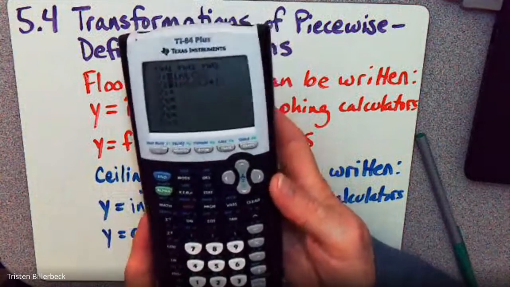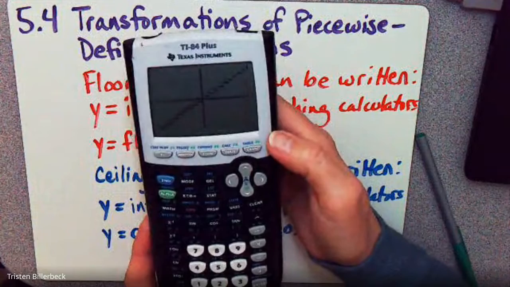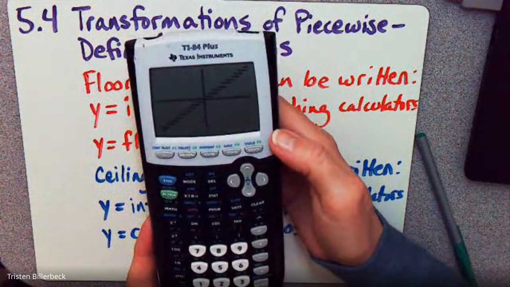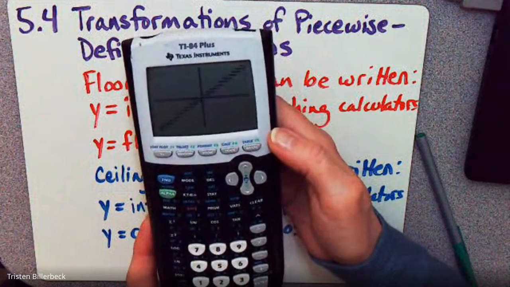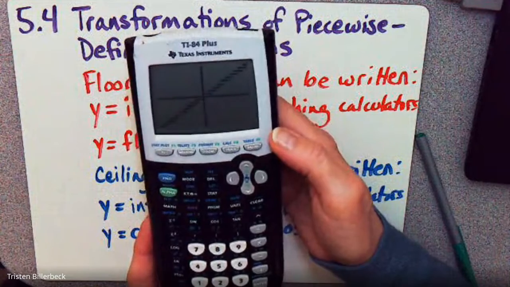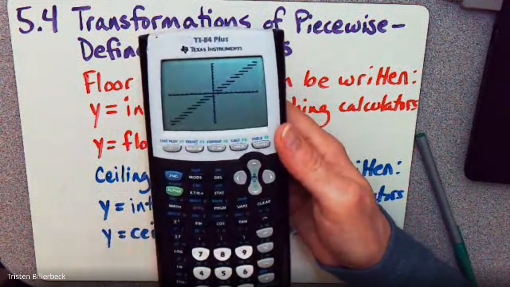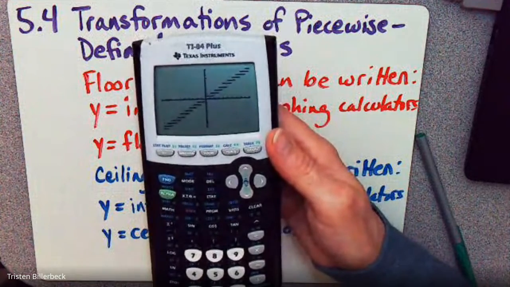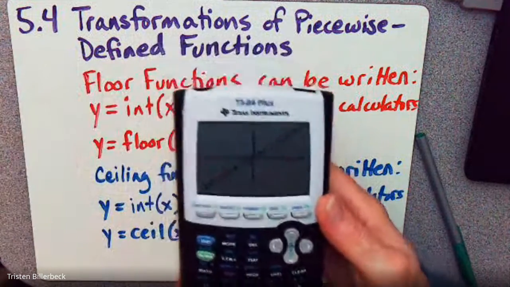Okay, so let's see if that will graph any differently. Oh look, it just made it a teeny bit wider because it's two different graphs. One graph's right next to the other. So these are the ways that the ceiling and the floor function can be graphed on this graphing calculator.